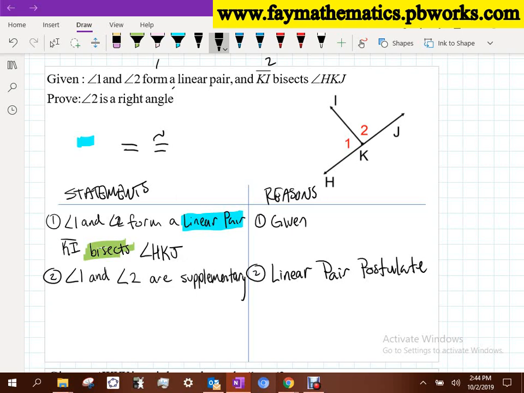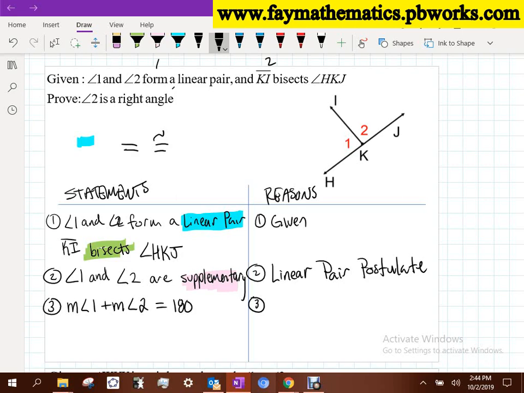When we see linear pair, we have to jump to the conclusion that they're supplementary. And now what does that supplementary tell me? So here I introduced a new vocabulary word. What does supplementary mean? That's when we have two angles that add up to 180, right? So now I can say the measure of angle 1 plus the measure of angle 2 is 180.